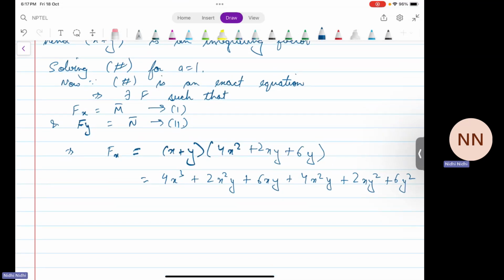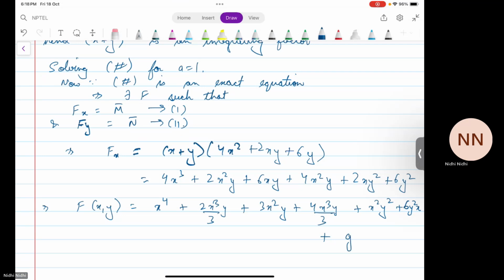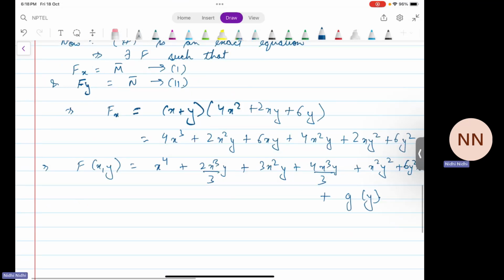Now integrating it with respect to x, we get f of x y is equal to x power 4 plus 2x cubed y by 3 plus 3x square y plus 4x cubed y by 3 plus x square y square plus 6y square x plus some other function of y, because its derivative with respect to x will be 0.